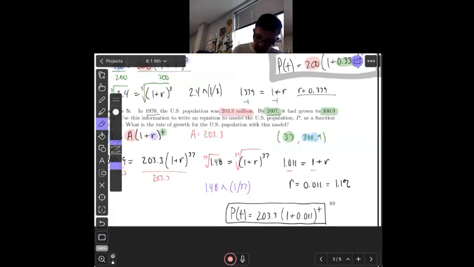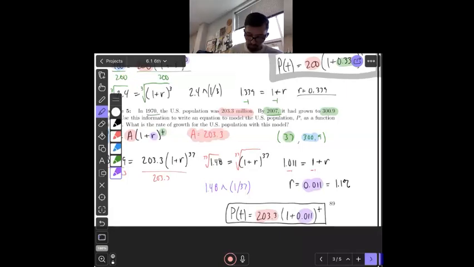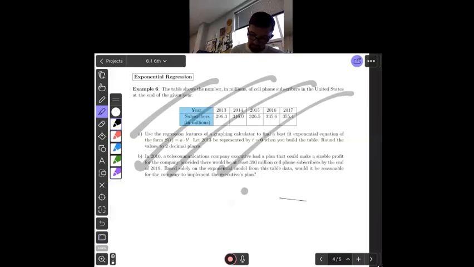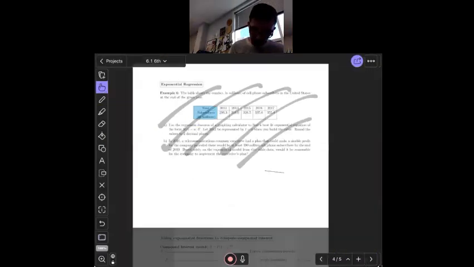So again, we're using that A value, which we knew from the beginning, and that R value, which we just found there. All right. We are not going to graph this, since you guys don't all have access to graphing calculators.